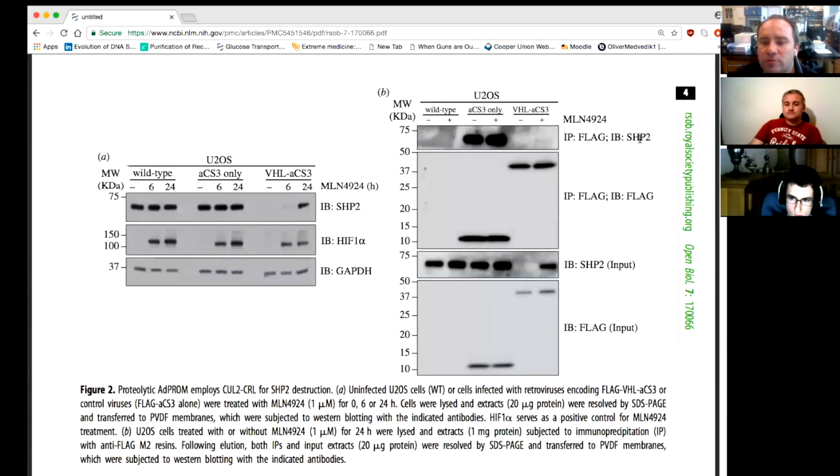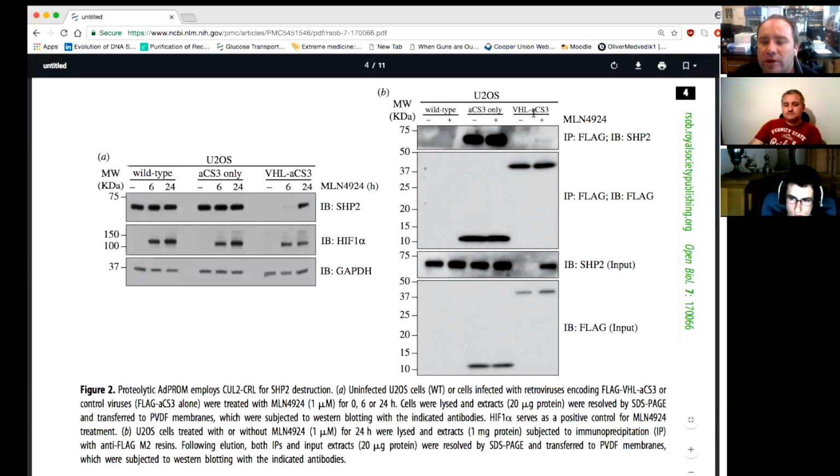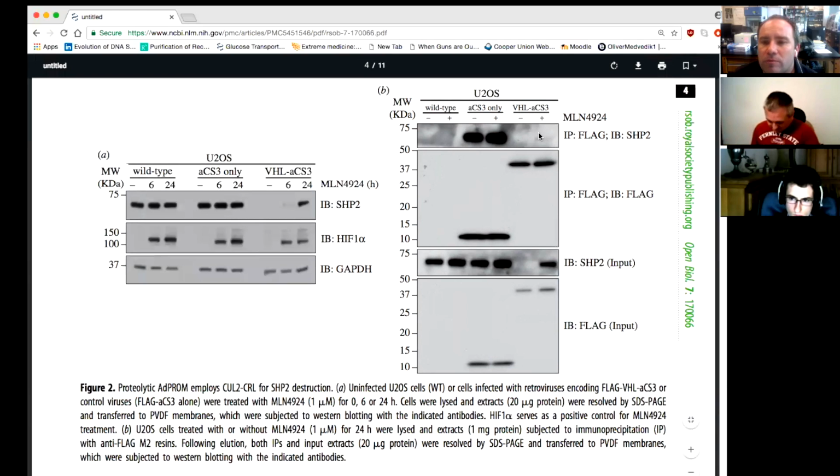But with VHL ACS3, you notice you have a little bit of pull down, right, when you block it with MLN4924, but most of it's degraded. So I'm not sure why it's only been able to pull down a little bit if you've blocked most of the degradation. Because if we look here in the SHP2 input, now input is basically everything that's not immunoprecipitated, right? So that's basically the band up here is what's coming out of here from the input.